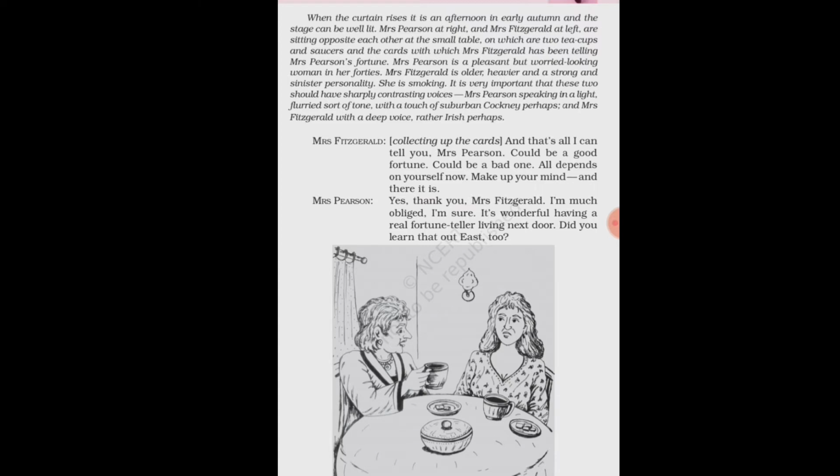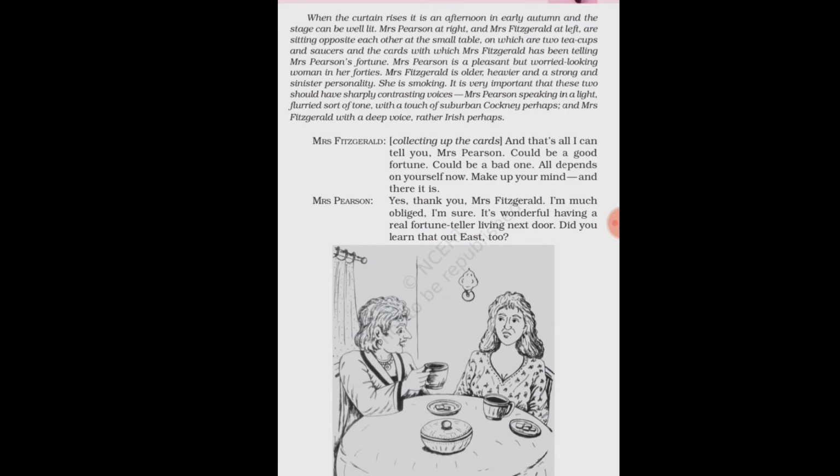So this is a play. It's a play-like story, and now the scene is over, and they're saying the play is about to start. So the curtain will rise, and it is afternoon, early autumn, and the stage can be well lit. As you can see in the photo, there are two ladies sitting at the table, and they are Mrs. Pearson and Mrs. Fitzgerald.